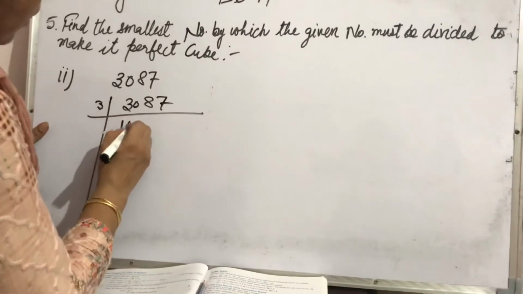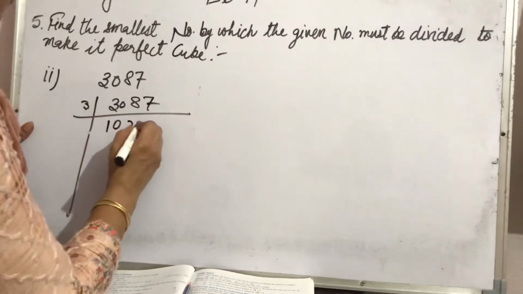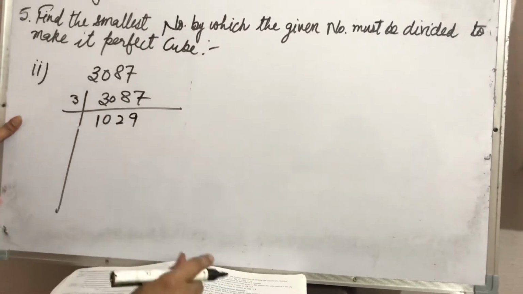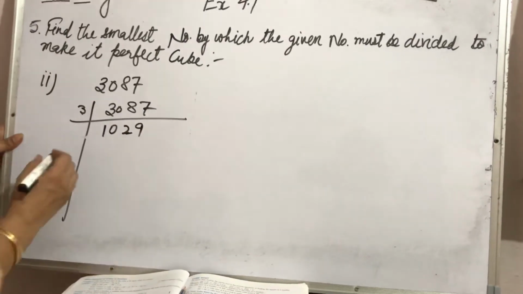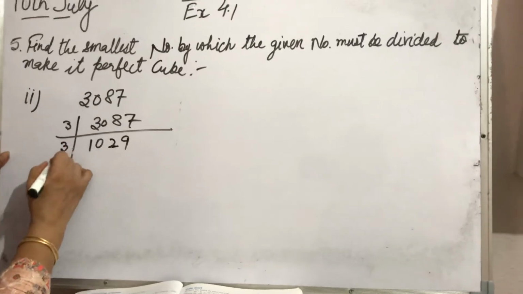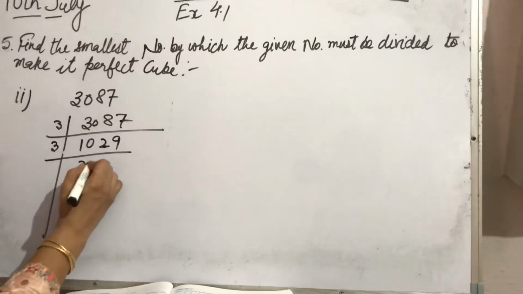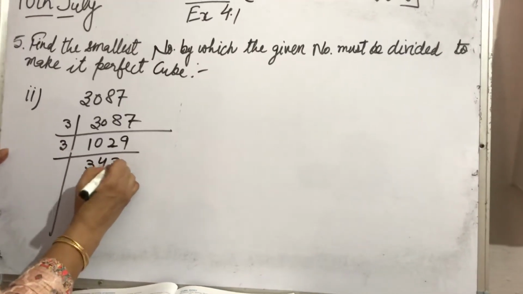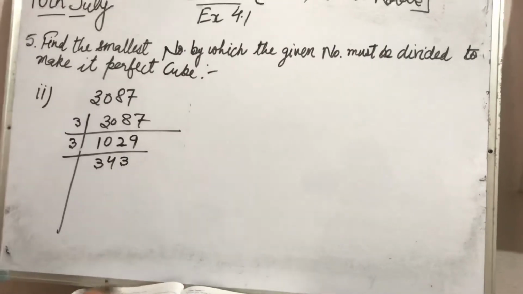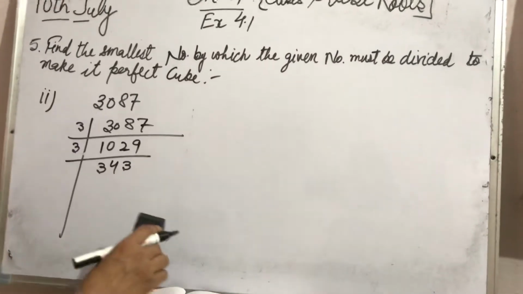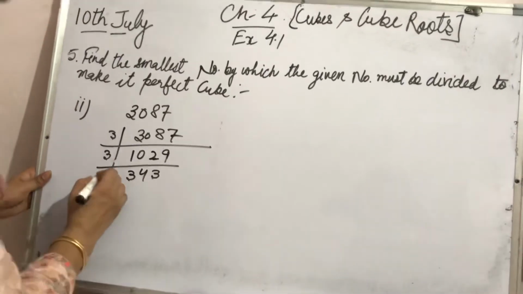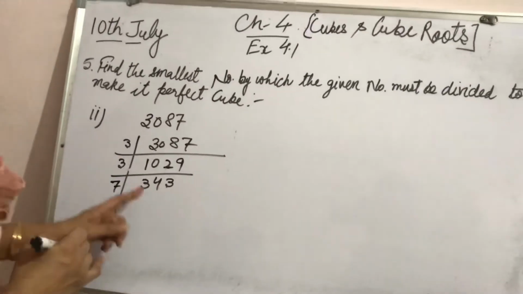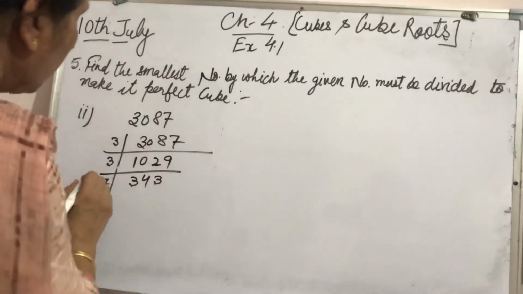So 3, 1029. Then again divisible by 3. 3 3s are 9, 343. Again by 3? No, 343 will not be divisible by 3.